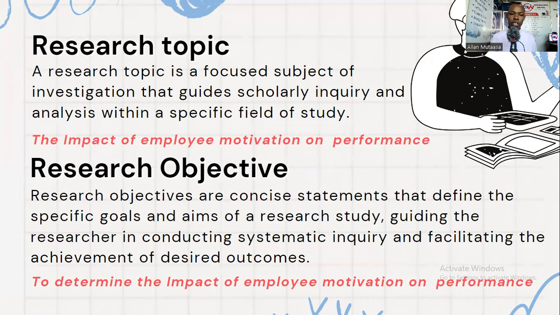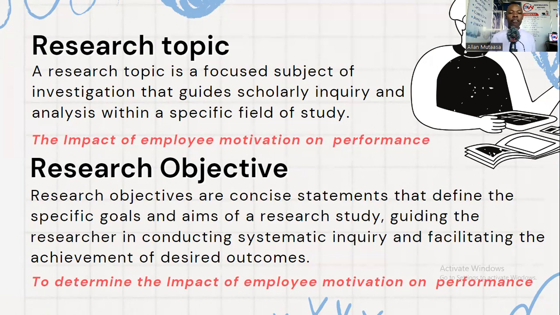So what is a research objective? A research objective is a concise statement that defines a specific goal or aim that the study wants to find out. Take a look at our research topic, the impact of employee motivation on performance. See?